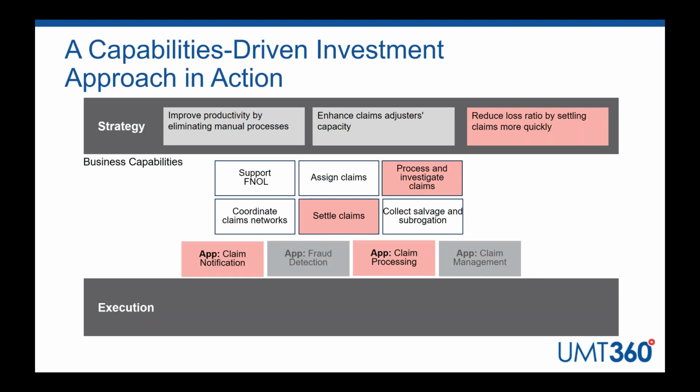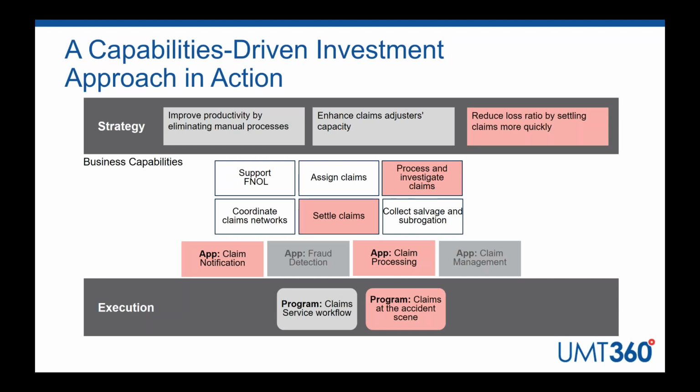I can now, because I can map into my technology environment, my IT landscape, start to understand which applications are supporting those key capabilities, claim notification and claim processing, and use that to start to generate the program improvements or execution that are going to make changes to the capabilities and the supporting technology to drive the changes we need.